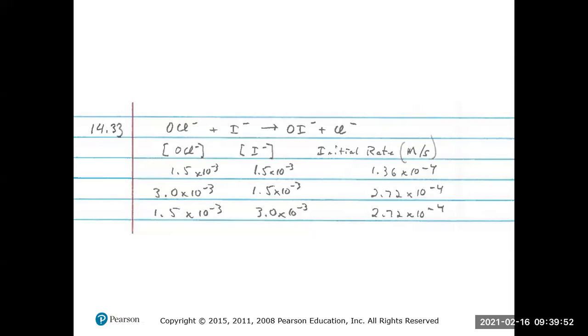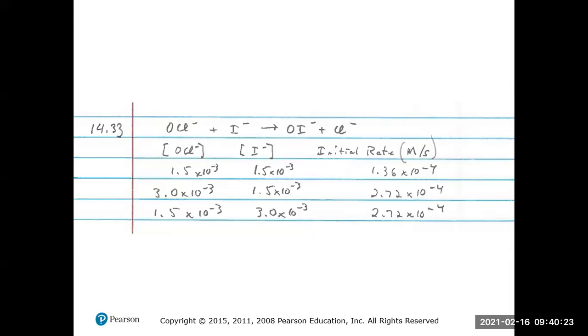So that gives us some information with regards to the rate for OCl⁻. We do the same thing, except now we're going to keep OCl⁻ constant. That's in experiment 1 and experiment 3. We varied I⁻ in 1 and 3, so 1.5 in experiment 1 and 3.0 in experiment 3, and we see a doubling of the rate there.